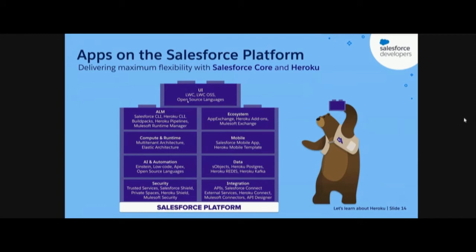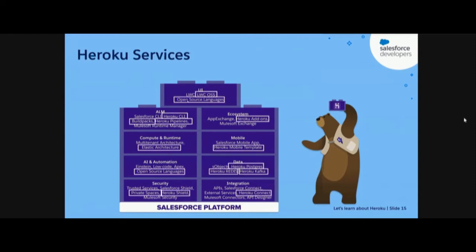So remember that all of the services that we have on our Salesforce platform, from the UI, which is Lightning Web Components and Lightning Web Components open source, application lifecycle management, ecosystem, etc., Heroku is part of all of the different layers. So you can see on top, Lightning Web Components open source applications can be deployed to Heroku. On the application lifecycle management, the Heroku CLI, the buildpacks, and the pipelines, which is the CI/CD solution we offer, are also part of the Salesforce platform.